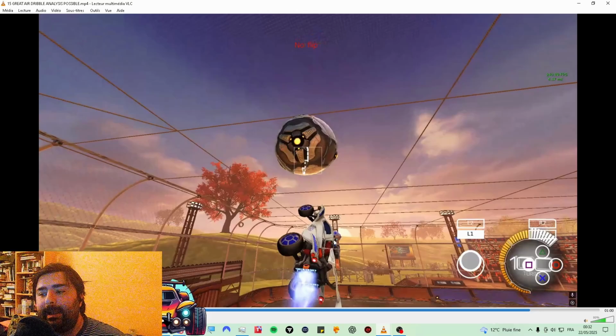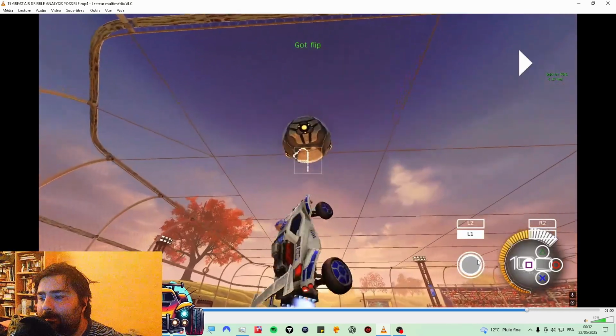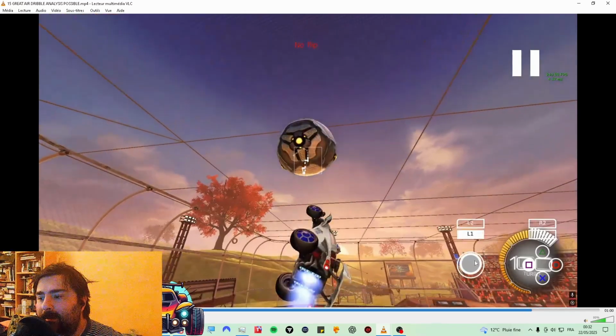So if I press up right now, what should happen? The nose should be going down, right? It should go from vertical to downwards, from this to this, right? And I'm pressing the input at 75% of the revolution.